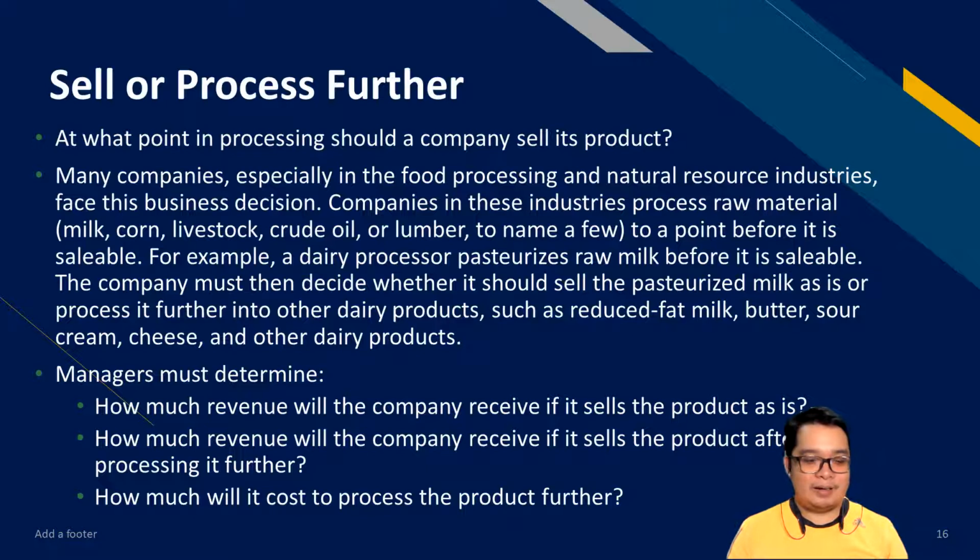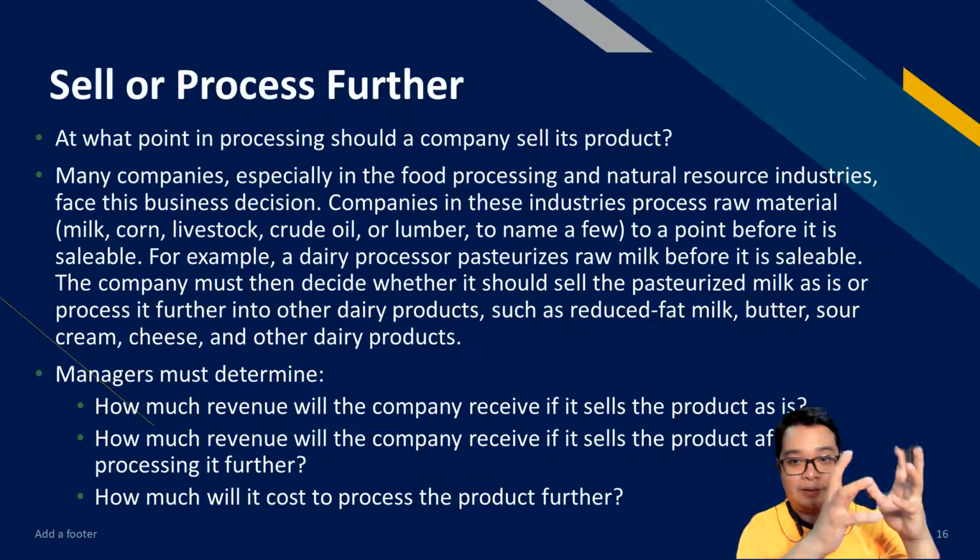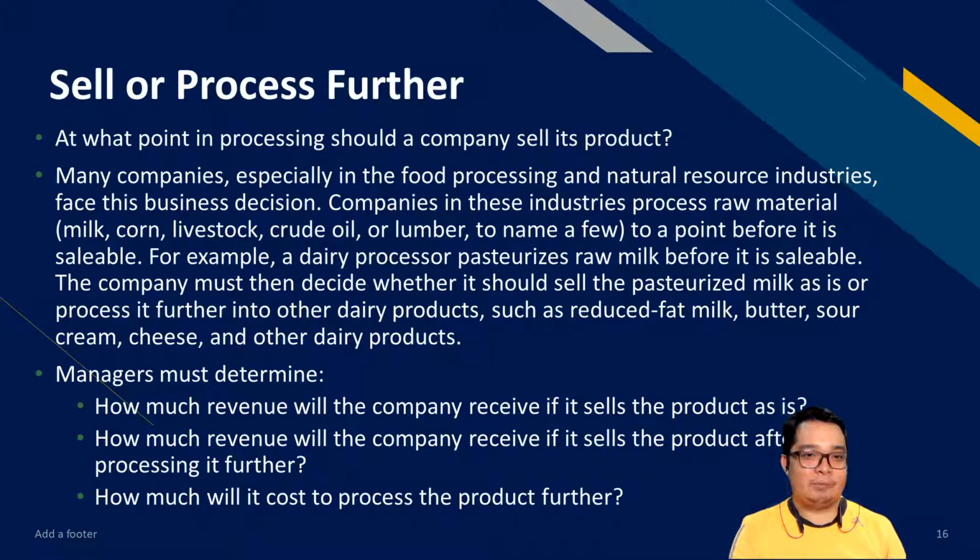Okay. Another usual example, chicken. When you dress the chicken, it's whole, right? Then you will have to chop it into its component parts. You can decide what to do with the parts.